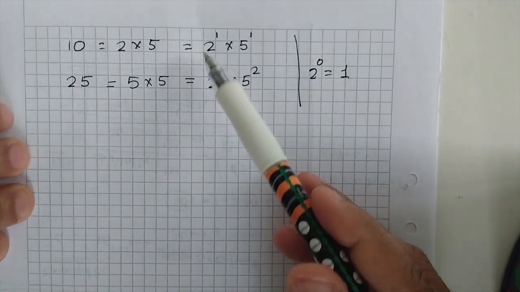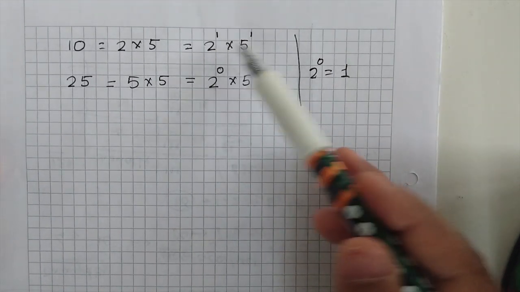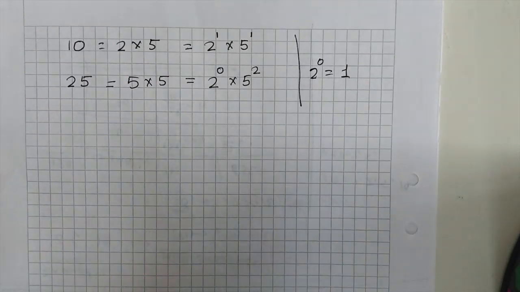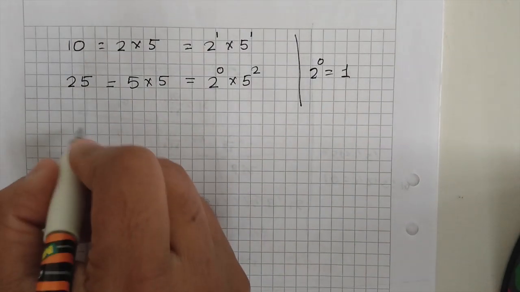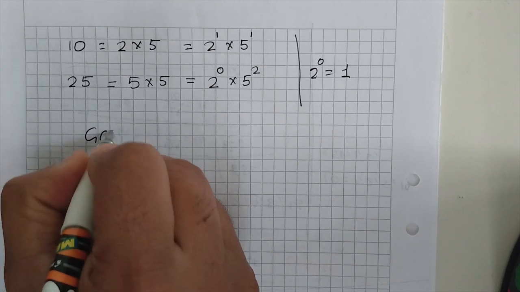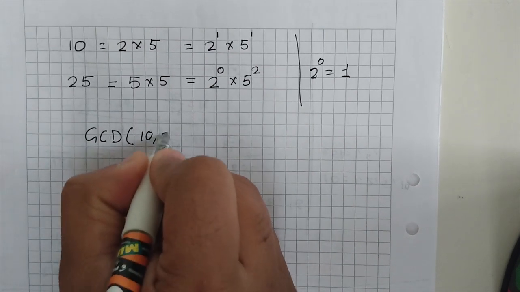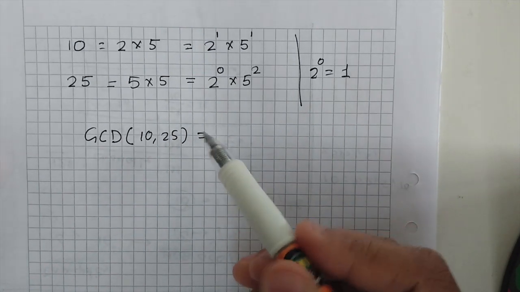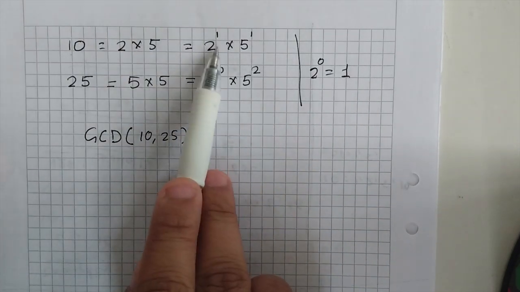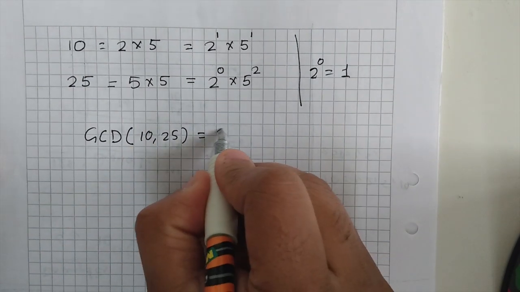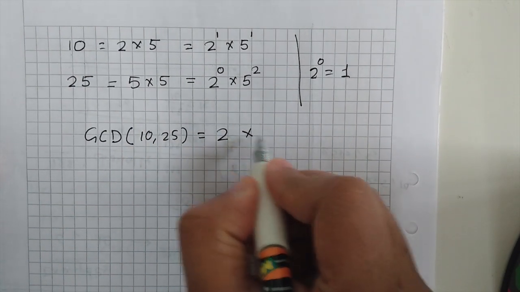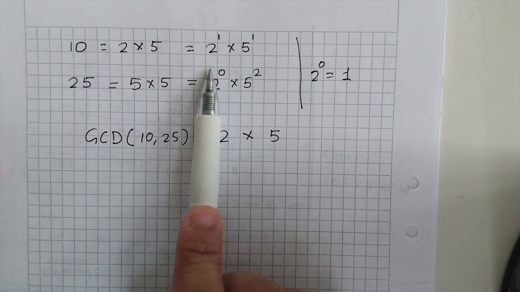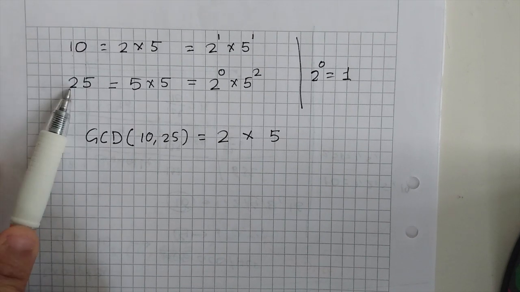Just so that it looks better and organized, we write 2 to the power 0, though it does not change anything. To find the GCD of 10 and 25, we write down all the prime factors involved in the factorization of 10 and 25. We write 2 and 5 because both are present in the factorization of 10 and of 25.